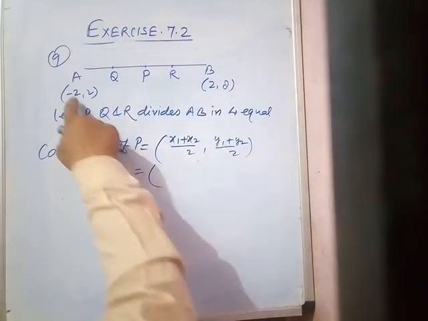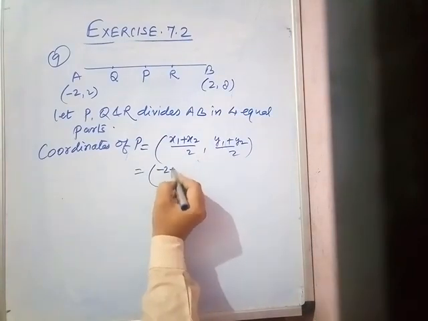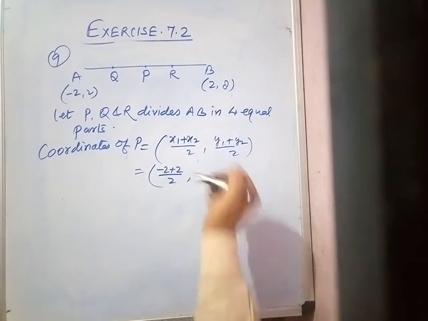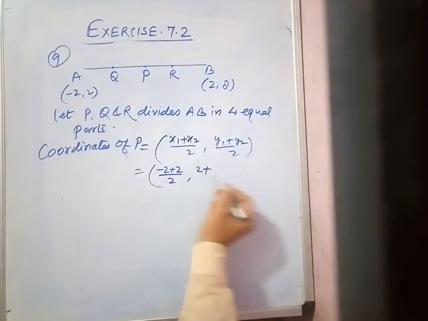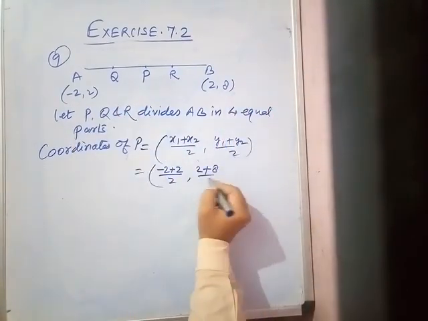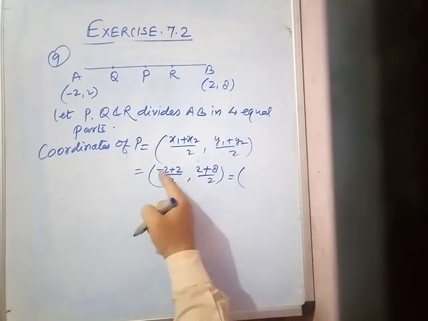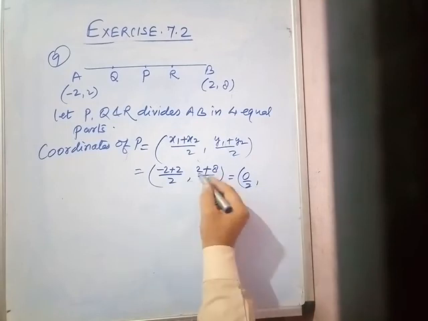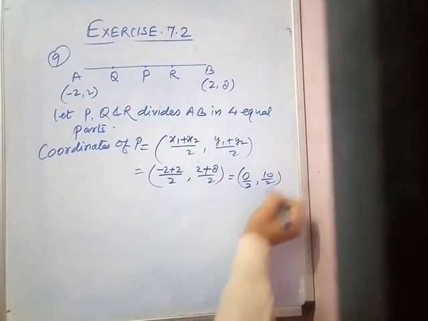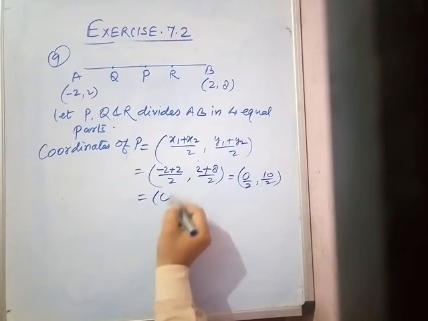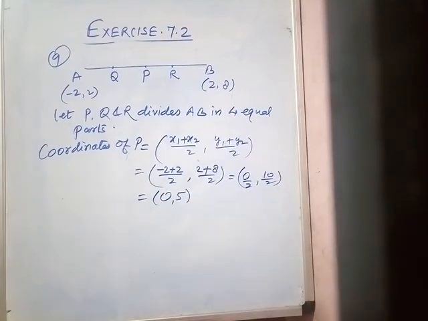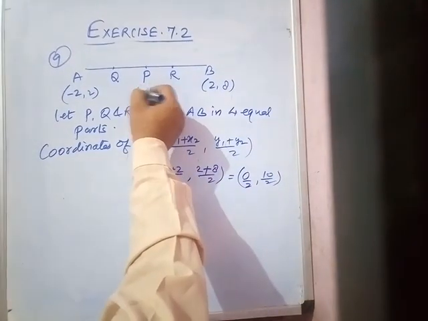So x1 is -2, x2 is 2, y1 is 2 and y2 is 8. So it is 2 minus 2, that is 0, and 8 plus 2, that is 10. So it becomes 0 comma 5. So the coordinates of P are (0, 5).